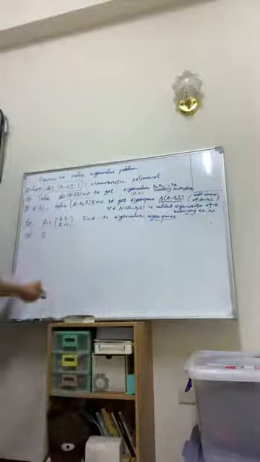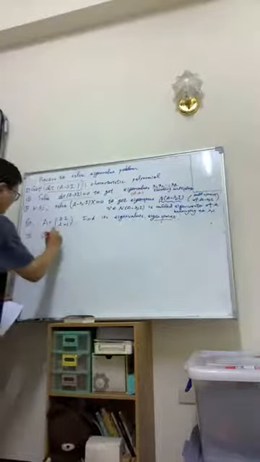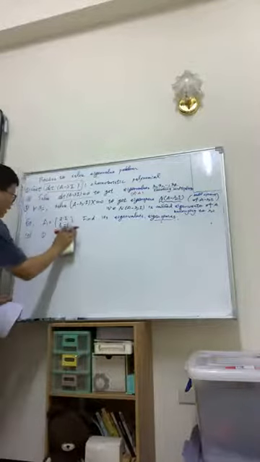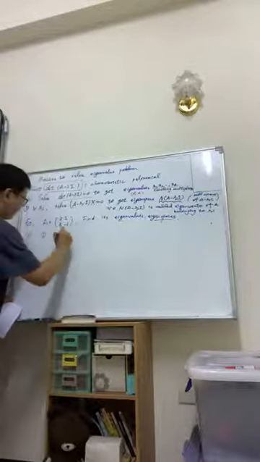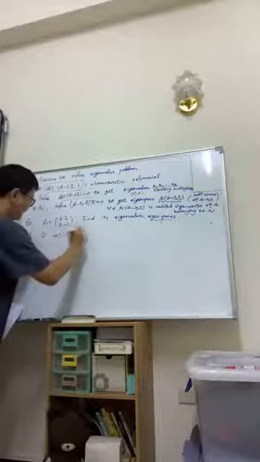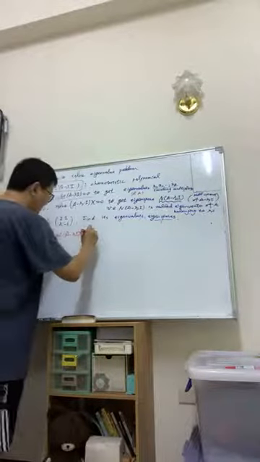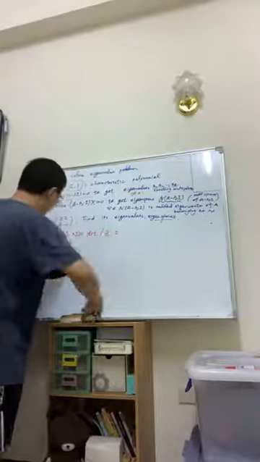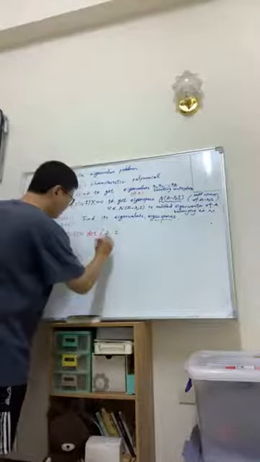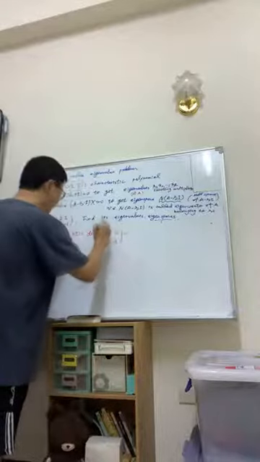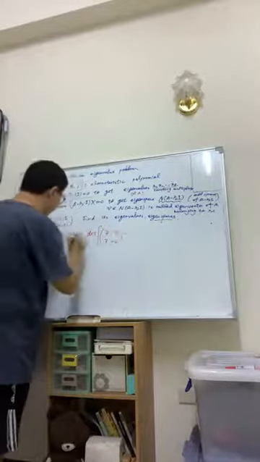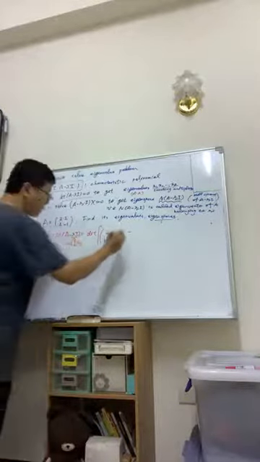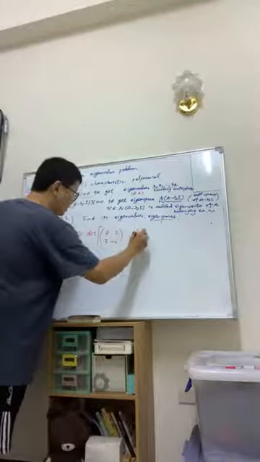So let's do it. First, we compute the determinant of A subtract lambda I. Lambda I is lambda times 1, 0, 0, 1, so it's lambda, 0, 0, lambda.